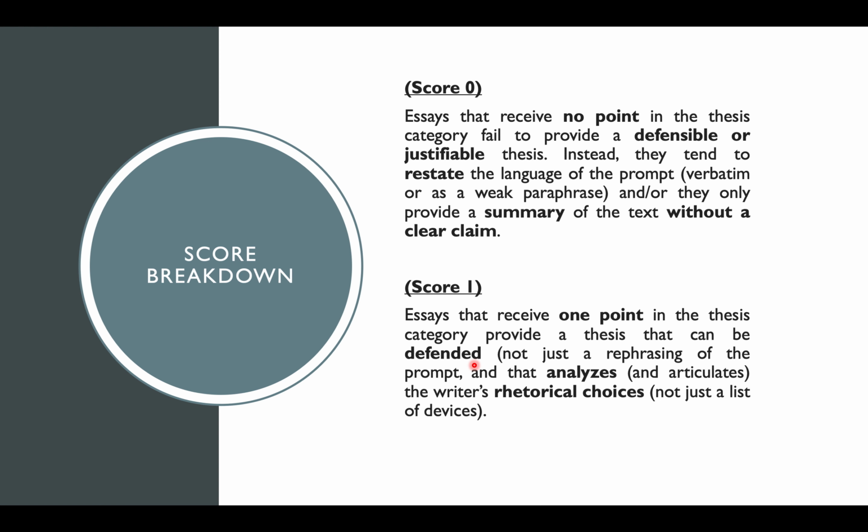That means I can argue this and I can defend it throughout my essay. It must be defended, and it must analyze the writer's rhetorical choices. I included "it articulates" here because sometimes you'll find examples where the rhetorical choices are articulated, but the analysis is very thin, and they'll accept that as a thesis.